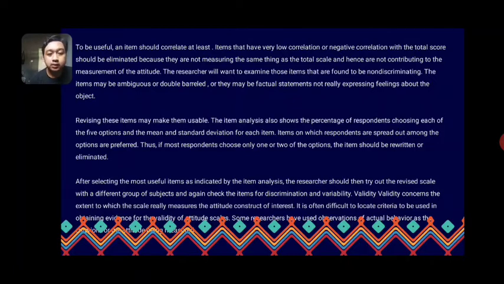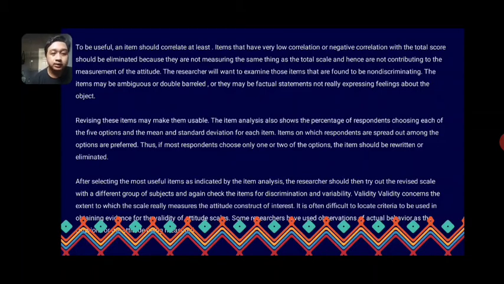After selecting the most useful items as indicated by the item analysis, the researcher should then try out the scale with a different group of subjects and again check the items for discrimination or validity.